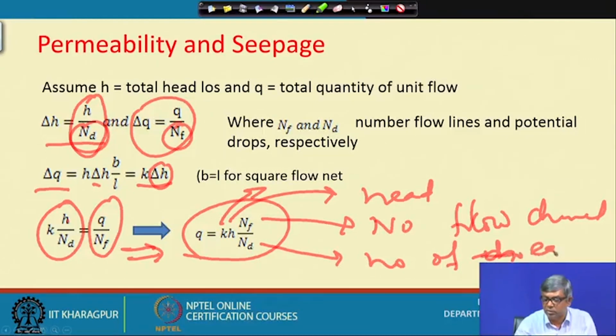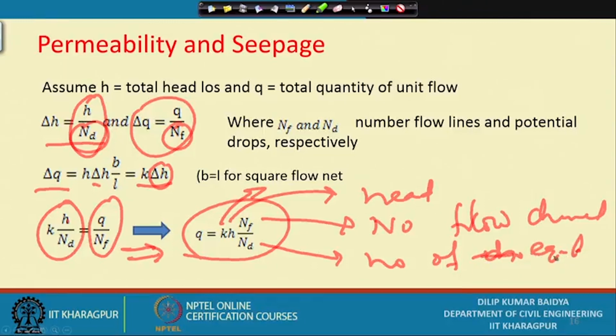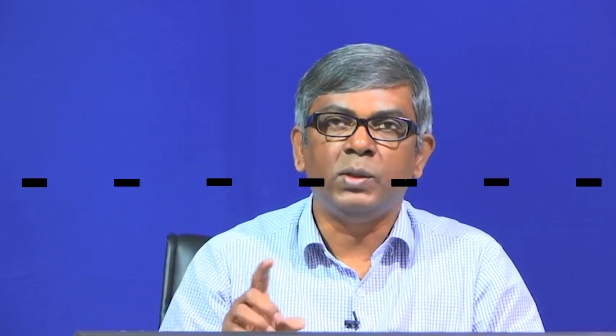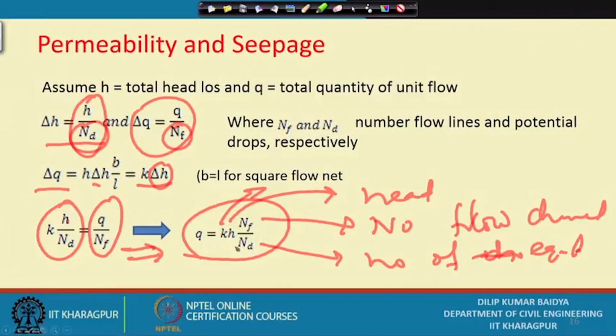So, if I draw the flow net, from there I can approximately find out how many flow channels there are, count how many equipotential lines I have drawn, and based on that find the number of potential drops. So N F and N D will come from the figure, H from the difference between the upstream and downstream head, and K is the known property of the soil. If I know that, I can find the quantity of seepage.